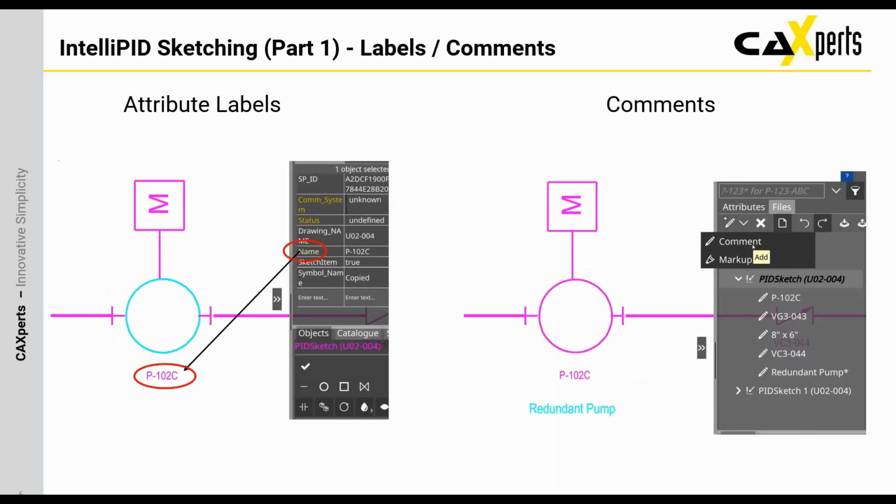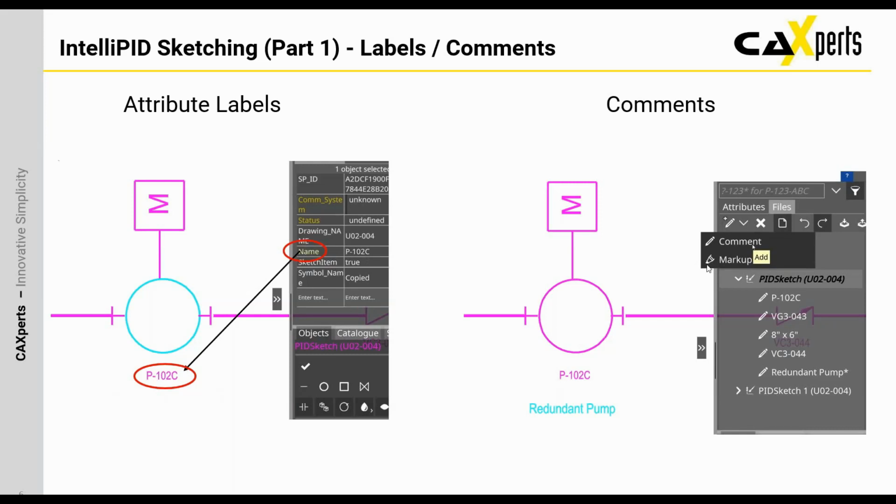Of course, for the PID, it is very important to also work with labels or texts in general. And here we have two possibilities. One of them is to use attribute values and drag them to a certain position near the object, and then the text will reflect the attribute value, as you see here.